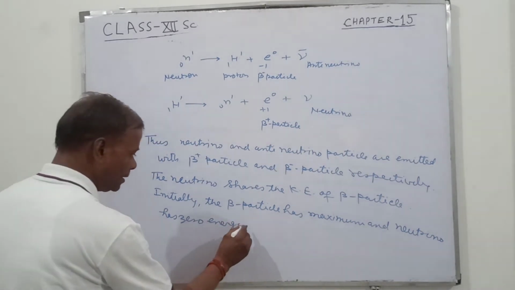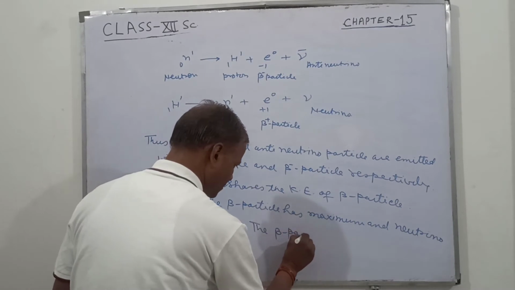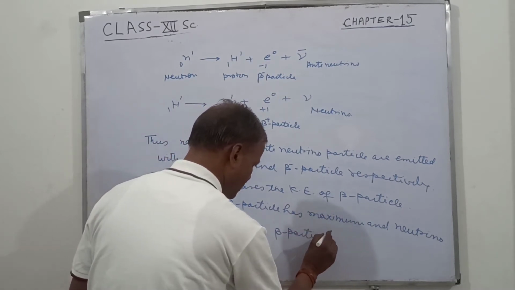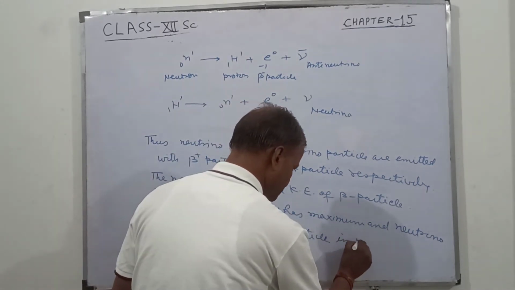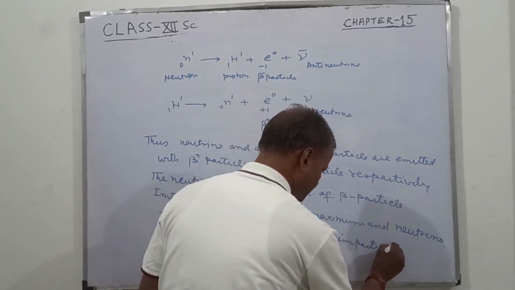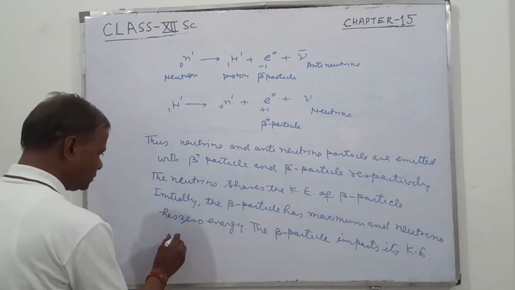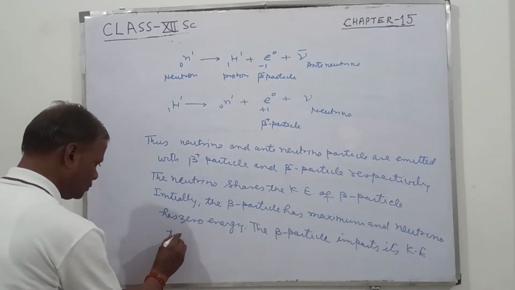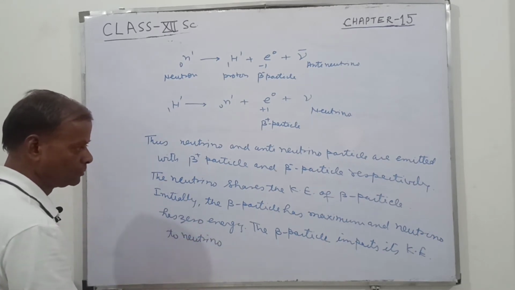The beta particle imparts its kinetic energy to neutrino.